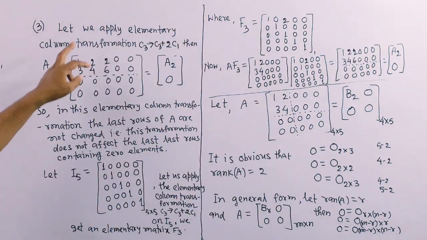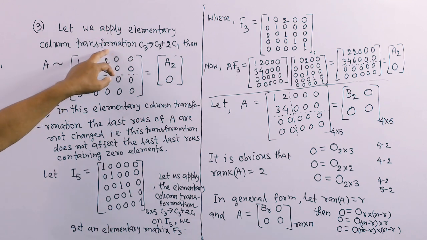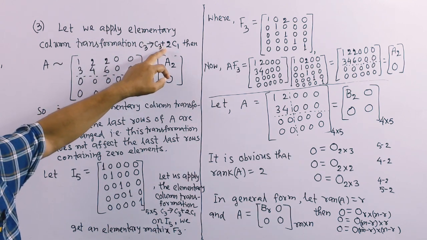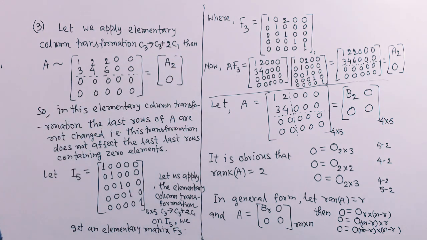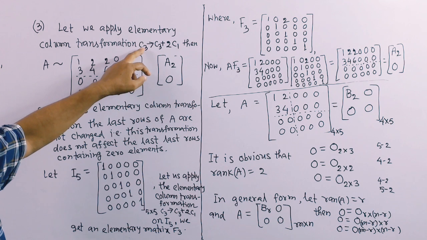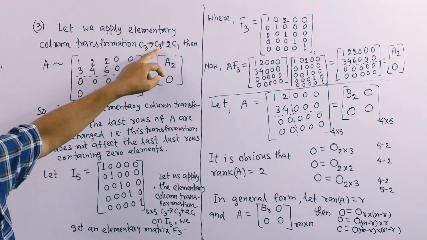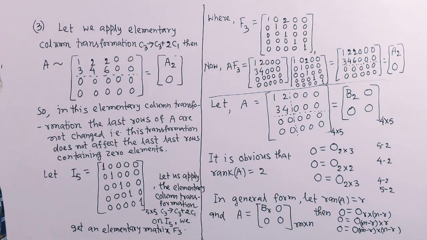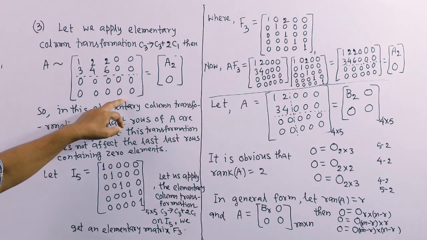Let us apply the elementary column transformation C3 ⇒ C3 + 2C1 on A. This means at the position of column 3 we write the elements of column 3 plus 2 multiplied by the corresponding elements of column 1, and then matrix A will be changed to this form.